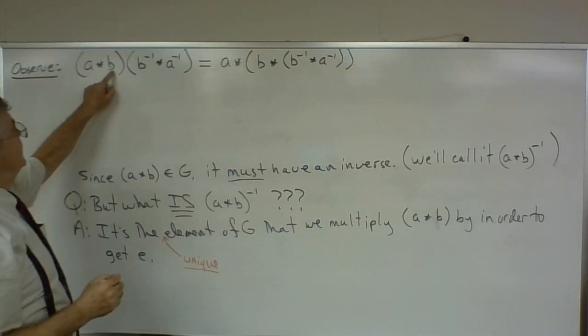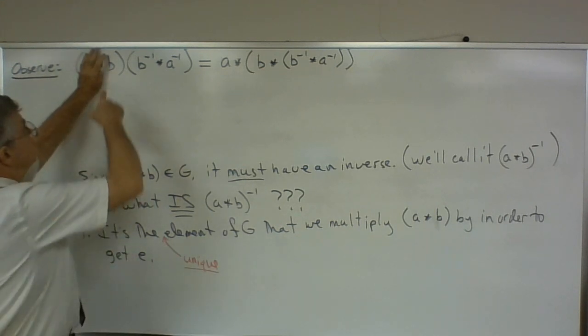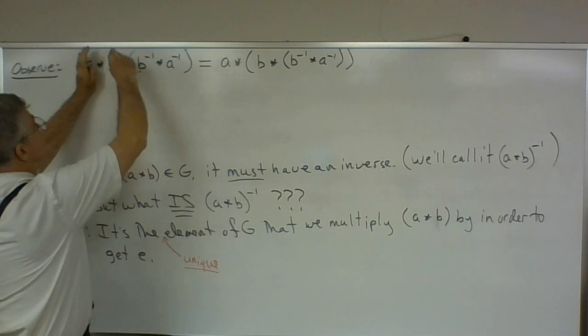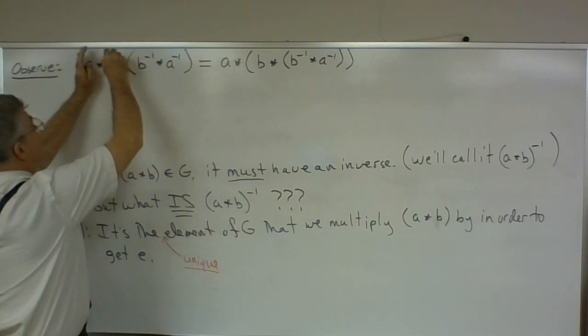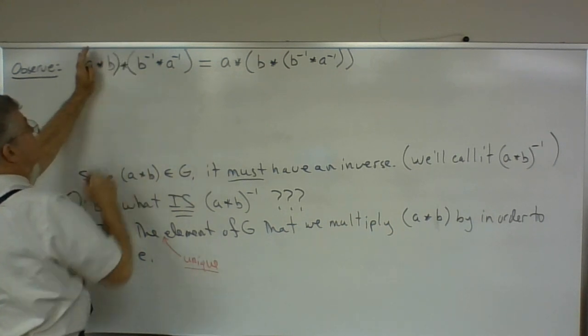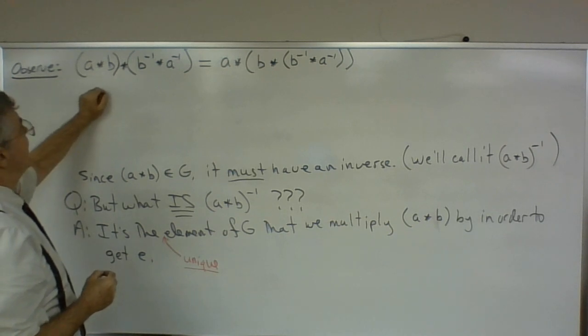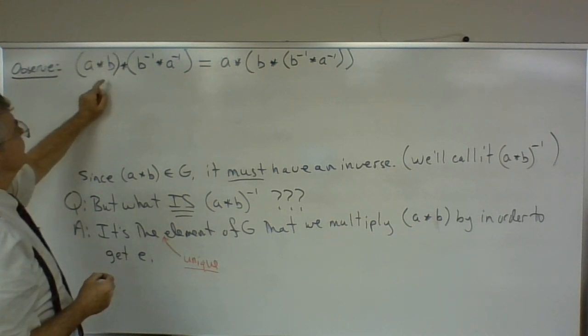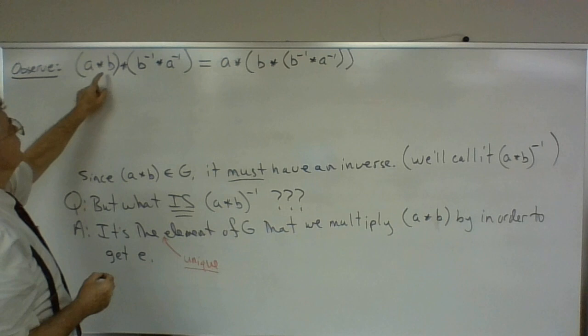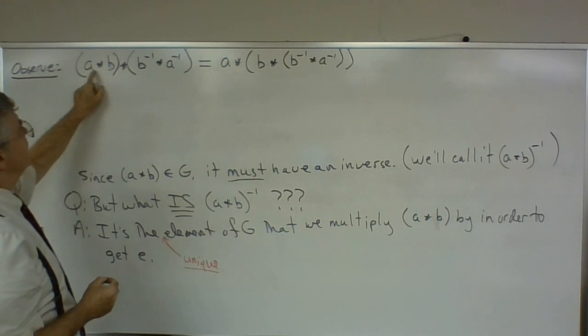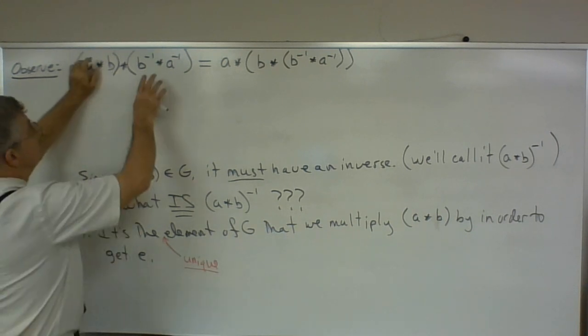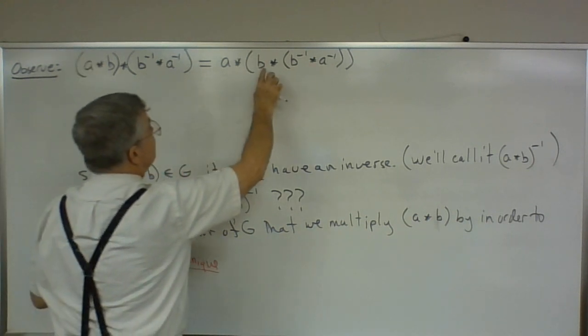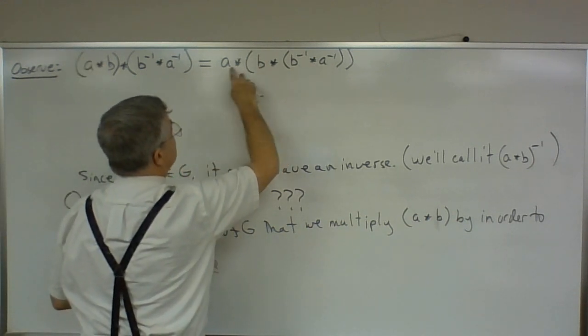Instead of associating B with A, I can associate B with this element. So I'll have B star this element.